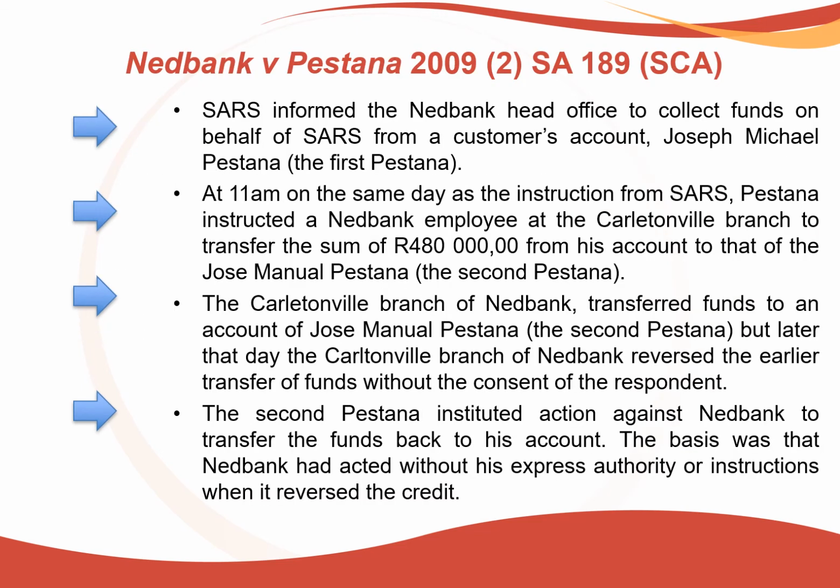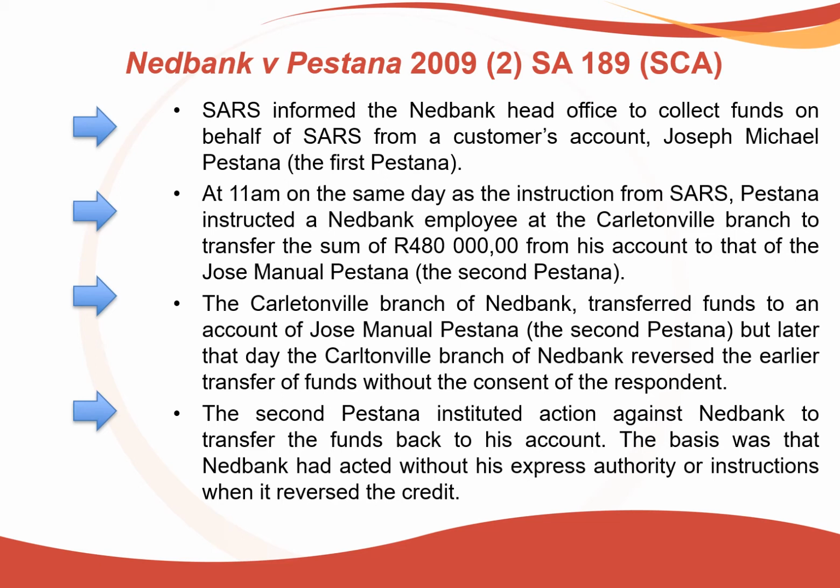Now let's consider the case of Nedbank versus Pestana. On the 4th of February 2004 at 8:44 a.m., Nedbank's head office was appointed as an agent in terms of Section 99 of the Income Tax Act 58 of 1962 by the South African Revenue Service, or SARS.